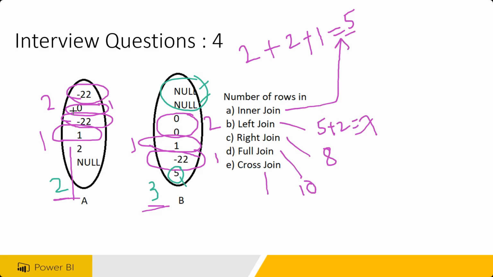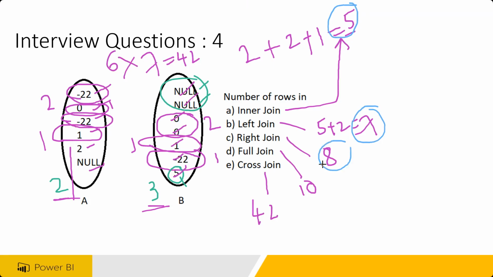Cross join will be 6 multiplied by 7, so it will be 42 rows, right? So 42. Now tell me who's right and who's wrong. 5, 7, 8, 10, and 42 is the final answer. Tell me who's right and who's wrong.